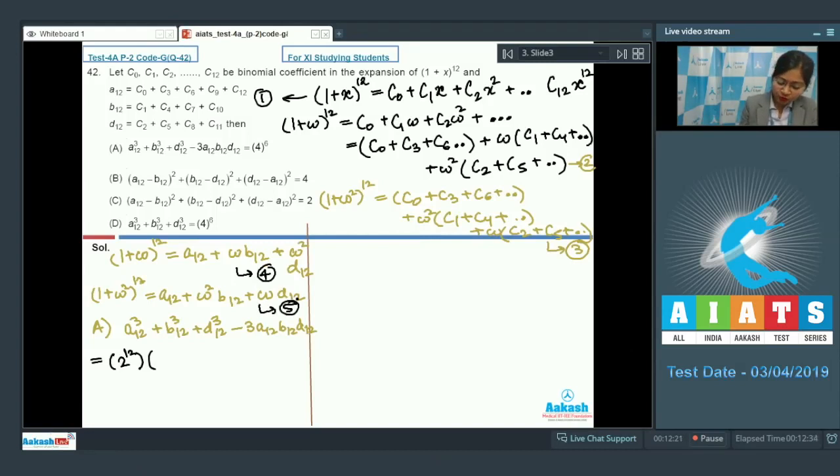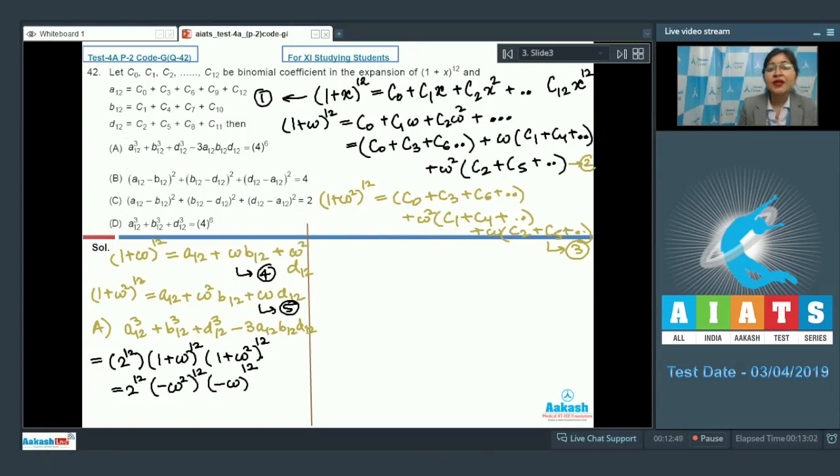So that can be written equal to (1 plus omega) whole raised to the power 12 into (1 plus omega square) raised to the power 12. Now further solving, this can be written equal to 2 raised to the power 12 into, we know that 1 plus omega plus omega square is equal to 0. So 1 plus omega can be written as (minus omega square) raised to the power 12 into 1 plus omega square can be written as (minus omega) raised to the power 12.